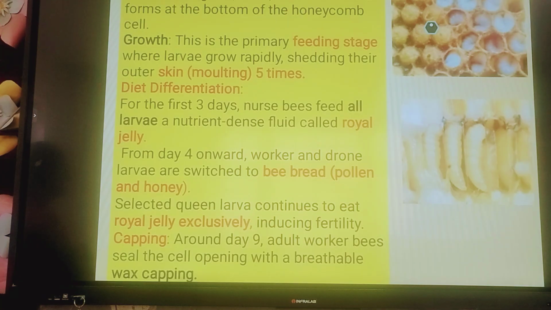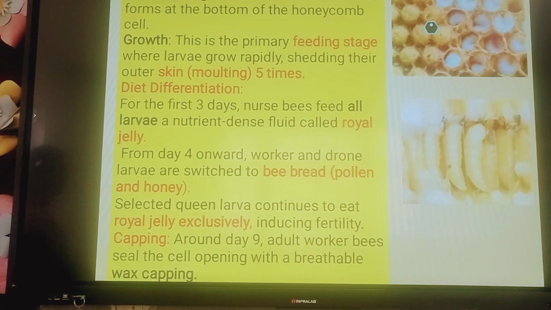It depends upon diet differentiation at this stage, because for the first 3 days nurse bees feed all the larvae the nutrient-dense fluid, that is royal jelly. In the starting, all the larvae, workers as well as others, get the royal jelly so that they can grow.